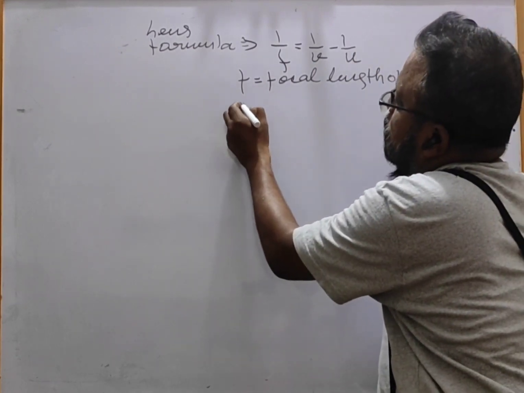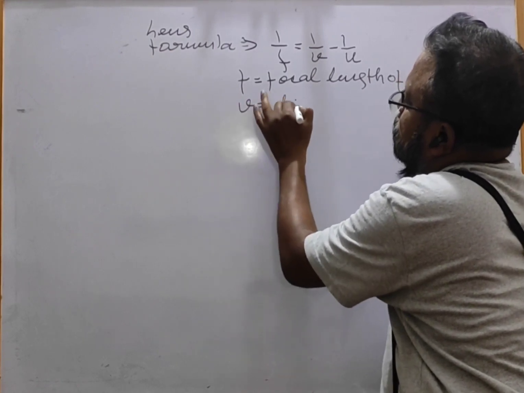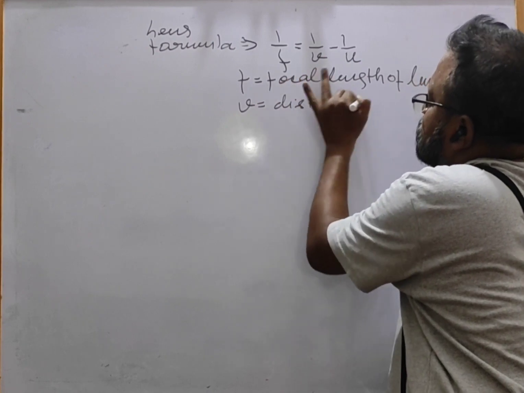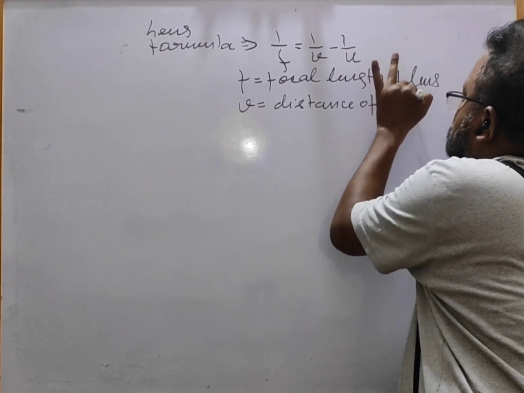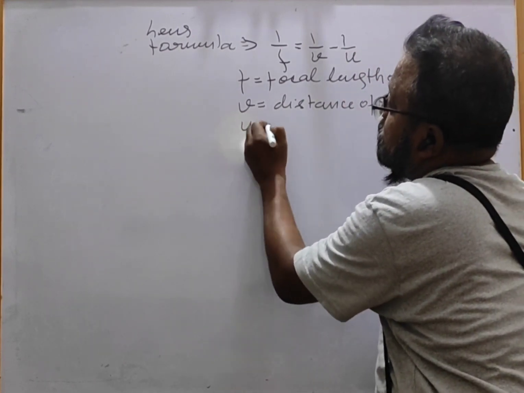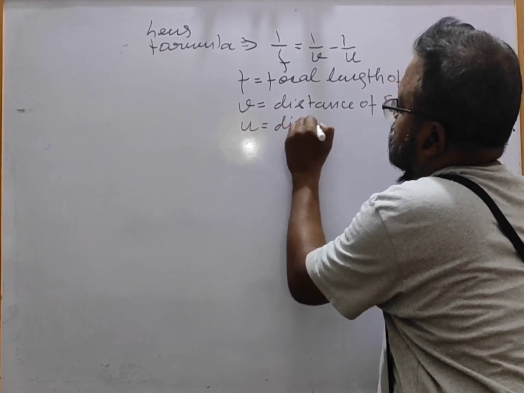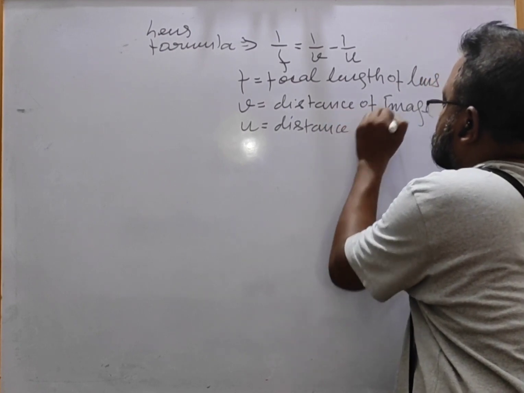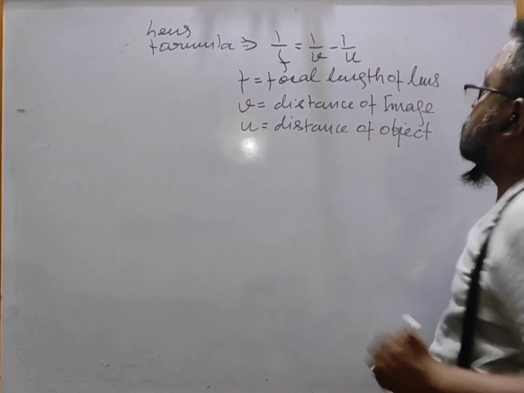And v is the distance of image, and u is the distance of object. I hope you understand this, right?